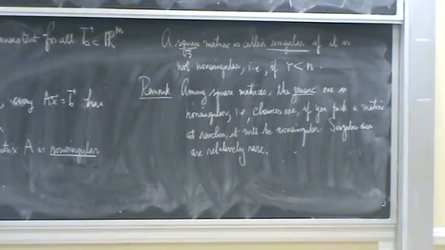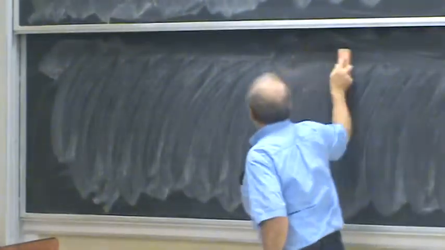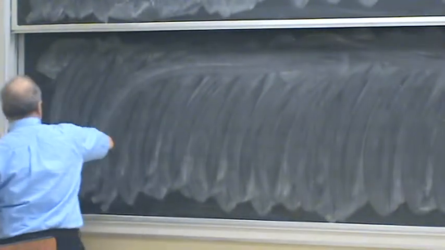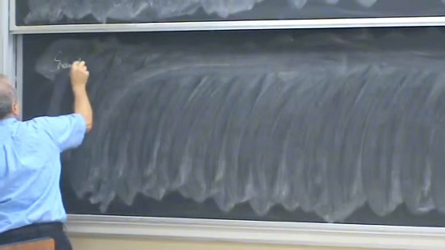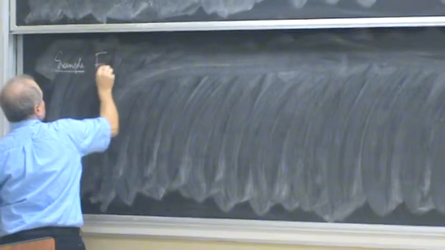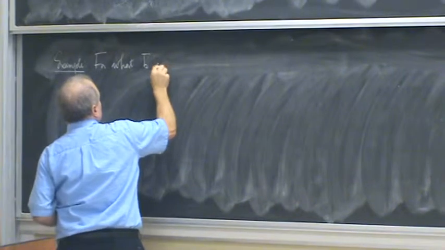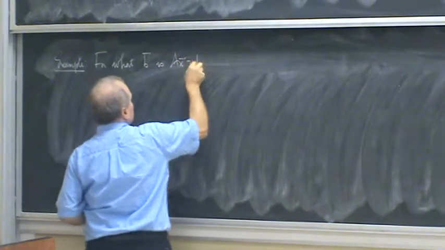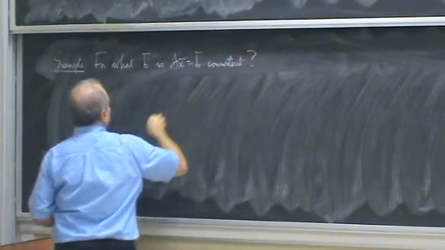So let's do another example here. For what B's is AX equals B consistent?